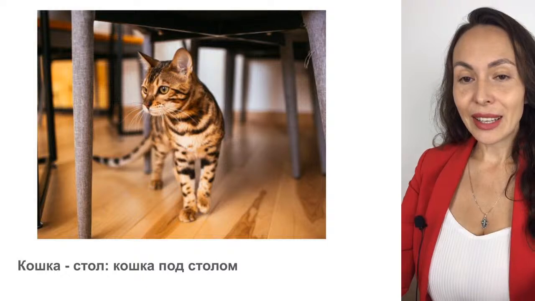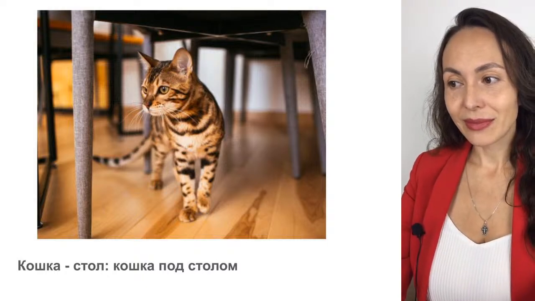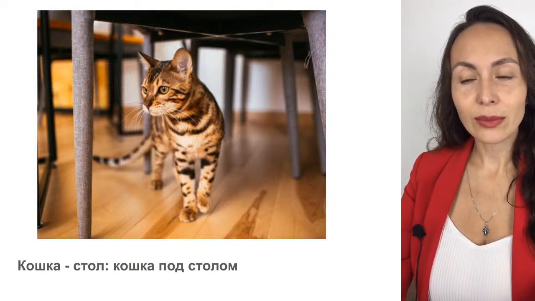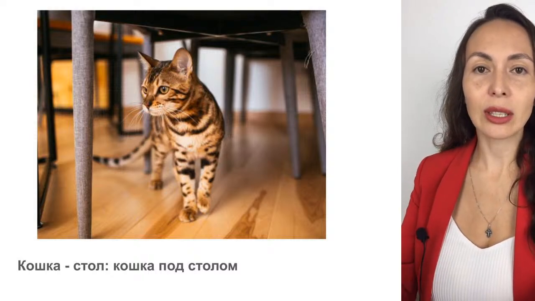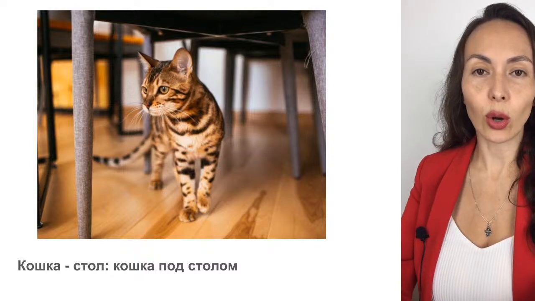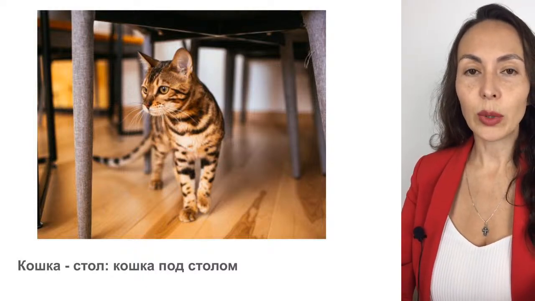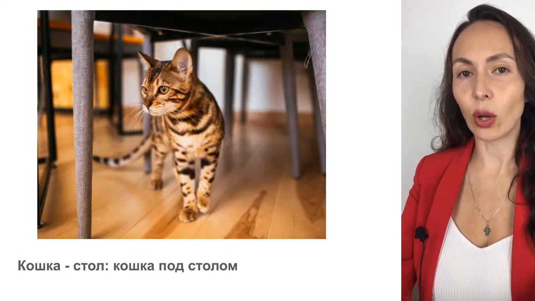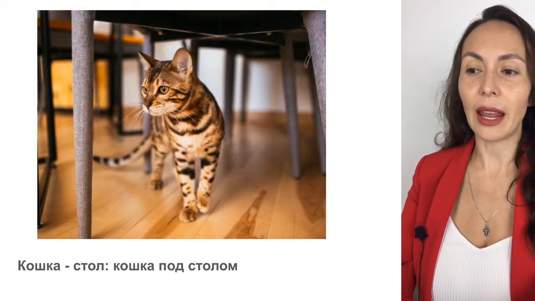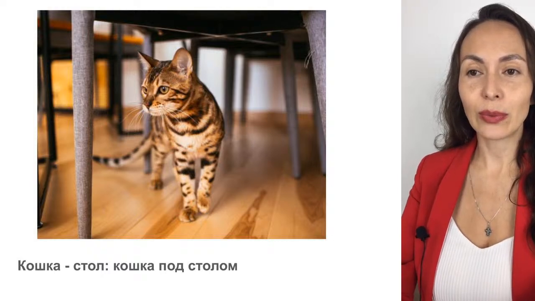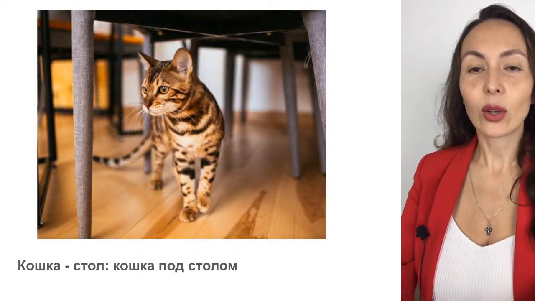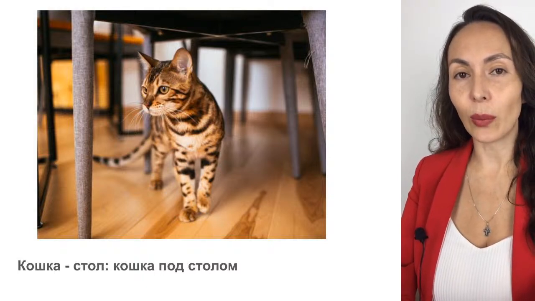The next one: кошка, and you can imagine above it a table. So we again have two components, кошка and table. What can we say? Кошка под столом.